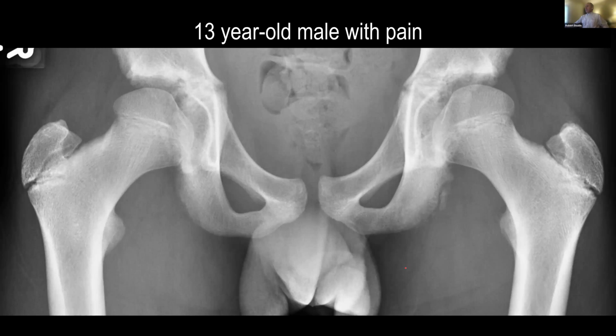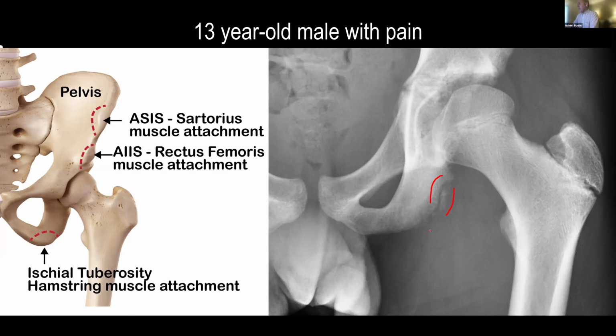So we'll finish off just by showing again that there's sort of a spectrum of how much bone can be avulsed. Here, just a small amount. This is a more subacute to chronic injury. Sometimes they heal back, sometimes they don't. But this patient had ongoing symptoms referable to the ischial tuberosity related to this hamstring avulsion.